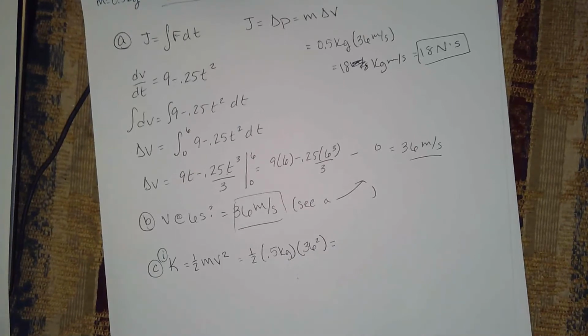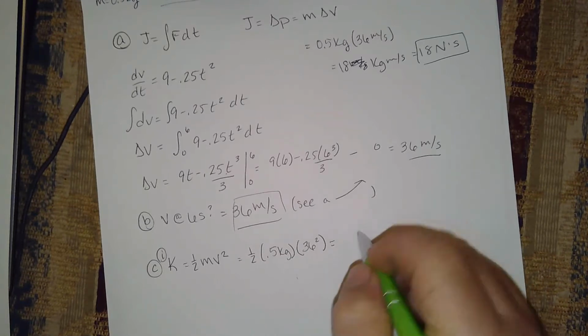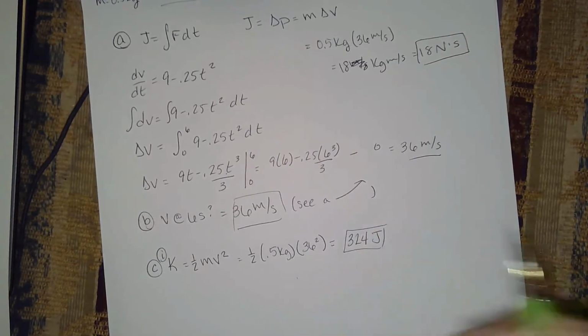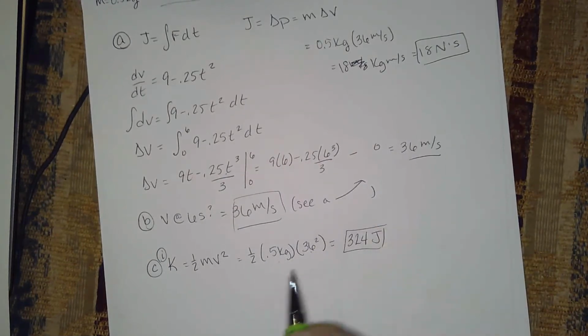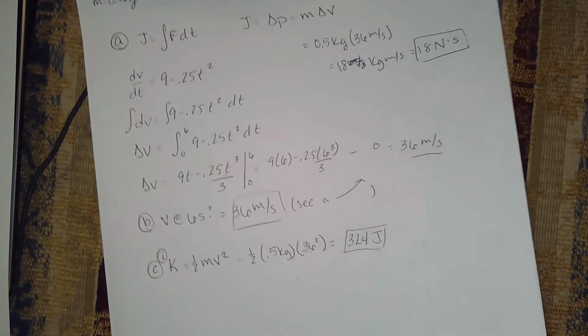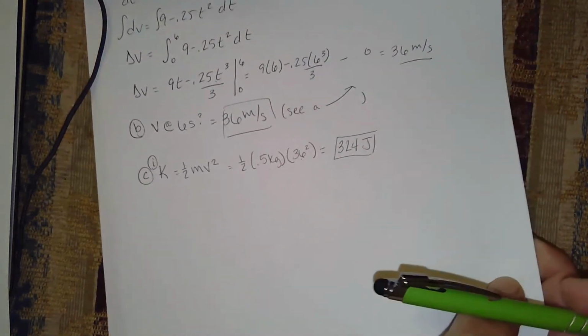And that's going to give me 324, and remember energy is in joules as long as we're in kilograms and meters per second here. I didn't write my meters per second in there, but it's okay as long as you've got the correct units on everything to start with, you get the correct in the end.